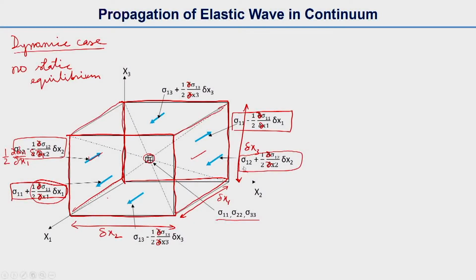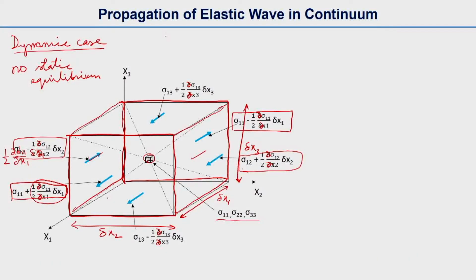So now, because we are talking about a condition that has no static equilibrium, we will use Newton's second law. Basically, to get the elastic wave equation, we want to use the equation of conservation of momentum.